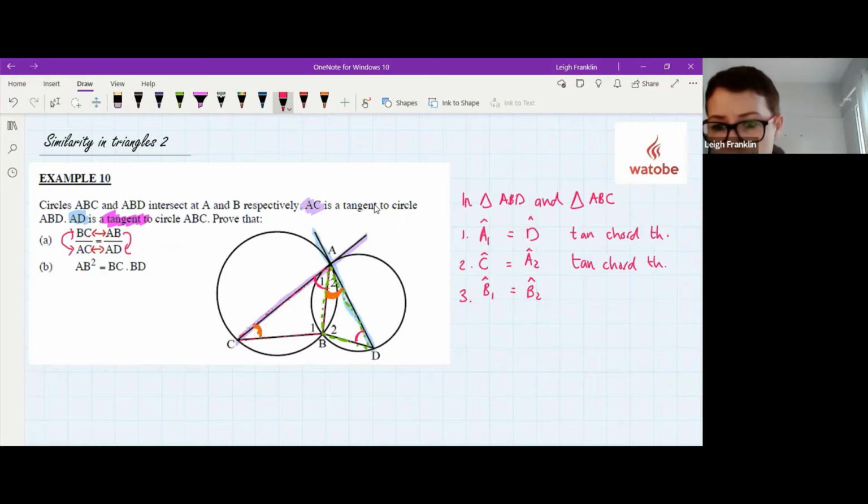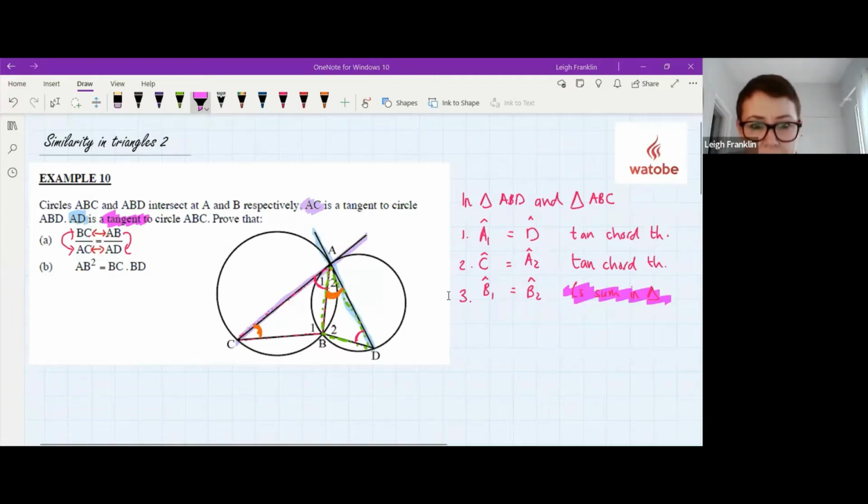So over here, either you can say remaining angles of triangle, or you can say the angles of a triangle sum up to 180 degrees. But remember from last week, you are not allowed to say this that I've just highlighted in pink. You're not allowed to say it first.